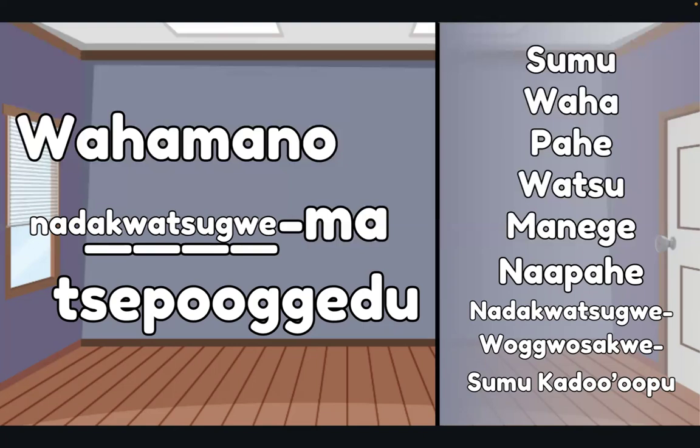And then Dylan, 28 would be what? Wahamano wobosukimatsipugid. Wahamano wobosukimatsipugid. 29, I'm going to say it myself. This one is a little different too. You can just remove the pu. You can say the pu at the end of it, but you can also drop it and just say wahamano sumakaruumatsipugid.